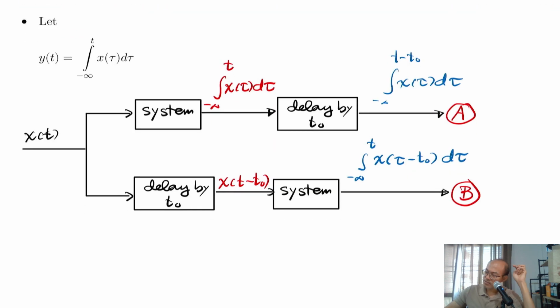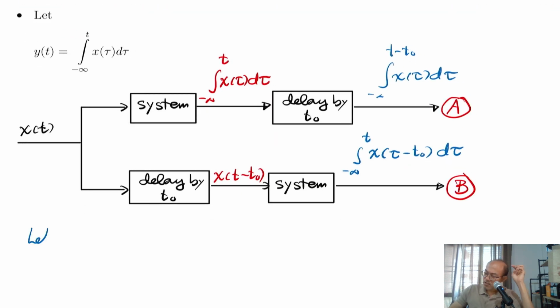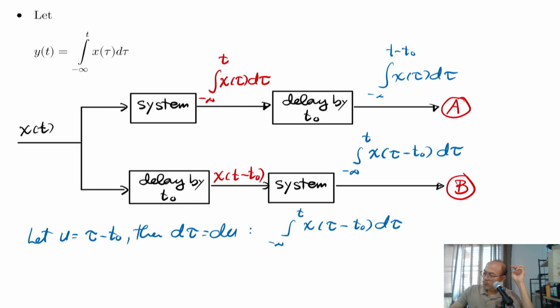Okay, let's look at this. I let u equal tau minus t0, then d tau is du. So the last integral that I have would have to be integrating from, if tau is minus infinity, u has to be minus infinity as well, whereas if tau is t, then u is t minus t0.